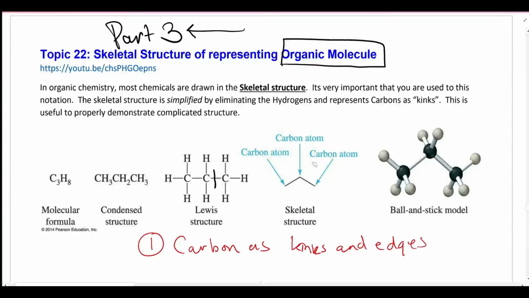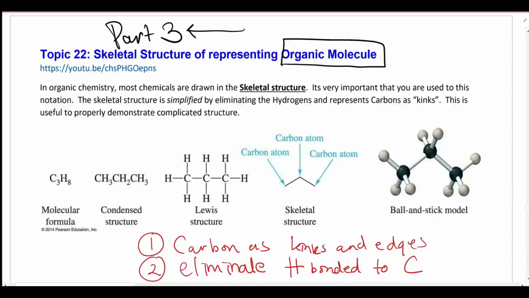And the next one is that we're going to eliminate hydrogen bonded to carbon. There's a reason why we eliminate the hydrogen: in organic reactions, the hydrogen is more or less not very reactive. So we usually don't care too much about them.